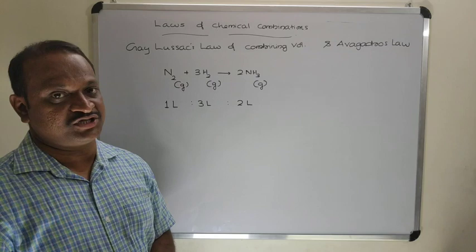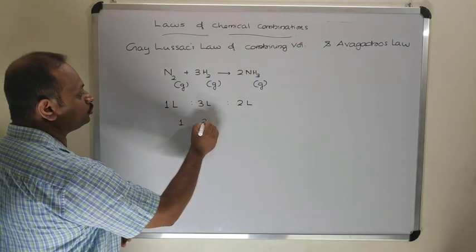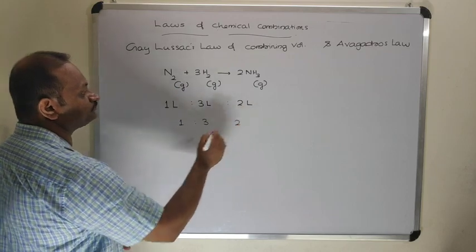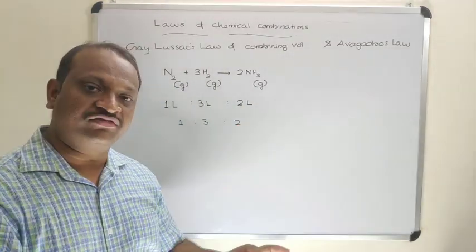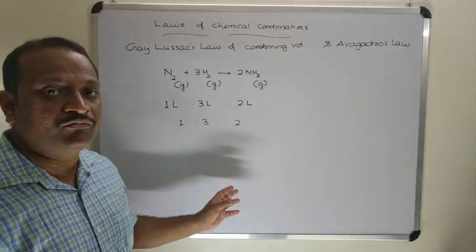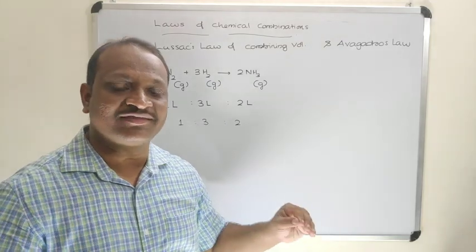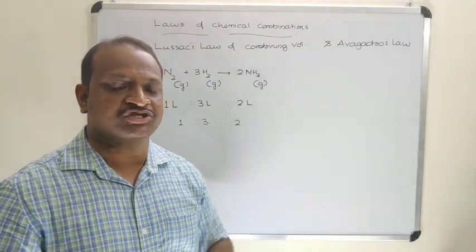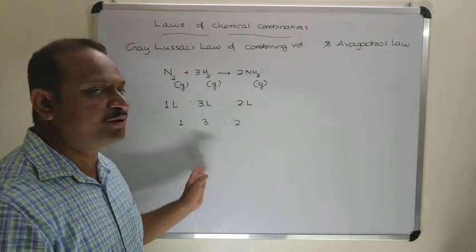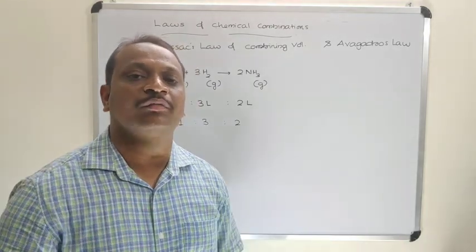Then what is the volume ratio? A simple whole number ratio, we can write 1 is to 3 is to 2. So according to Gay-Lussac's law, when gaseous reactants and products are involved in a reaction, their volumes bear a simple whole number ratio.